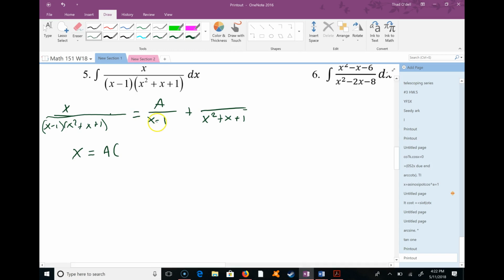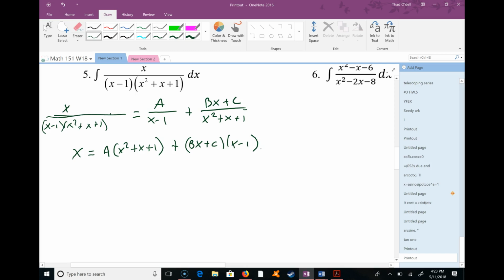So here, since the degree is 1, it's okay to have just a number there. Here we need the option to have a Bx plus C. That way, if B is 0, then we just have a number, but if B is a number, then we actually have a linear term on top. So this is going to be A times x squared plus x plus 1 plus Bx plus C times x minus 1.